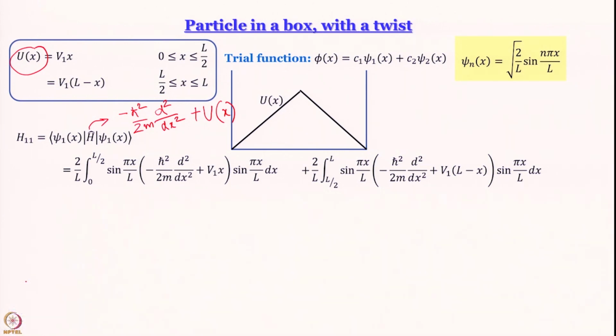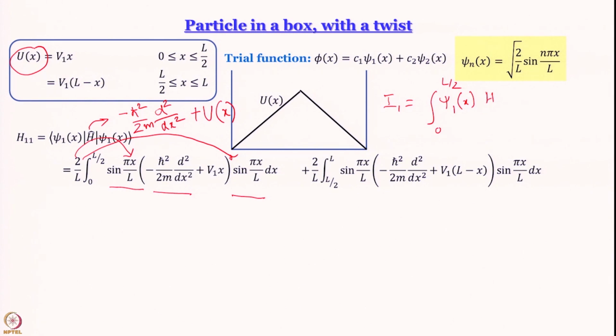So, here if I take this sin pi x by L, minus h cross square by 2m d2 dx2 on sin pi x by L, and what I will do is I will bring root 2 by L here also, root 2 by L here. So, this first one I can write as I1 here, which will be equal to the integral essentially of psi 1 of x, well do not forget the limit 0 to L by 2.